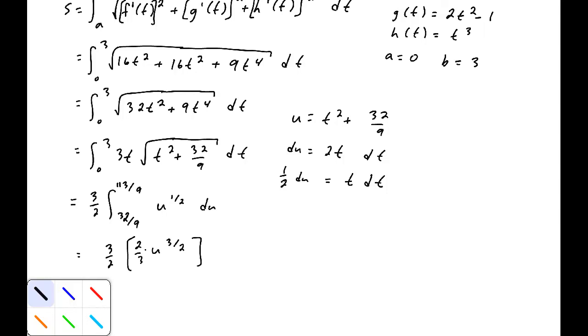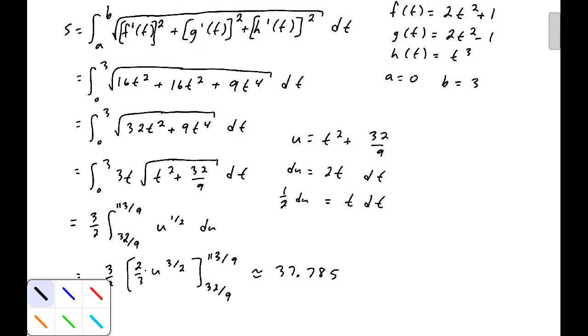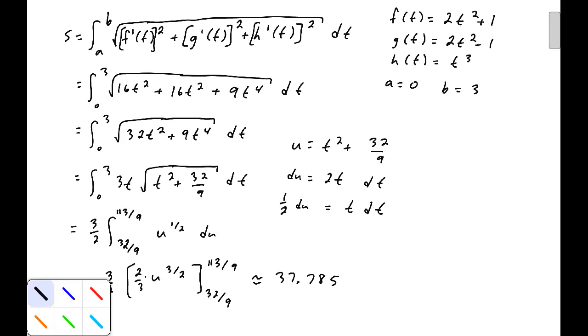Then evaluating that from 32 over 9 to 113 over 9, and also multiplying by the constant factor 3 over 2, this value is approximately 37.785. So the arc length of this parameterized curve r of t from 0 to 3 is 37.785.